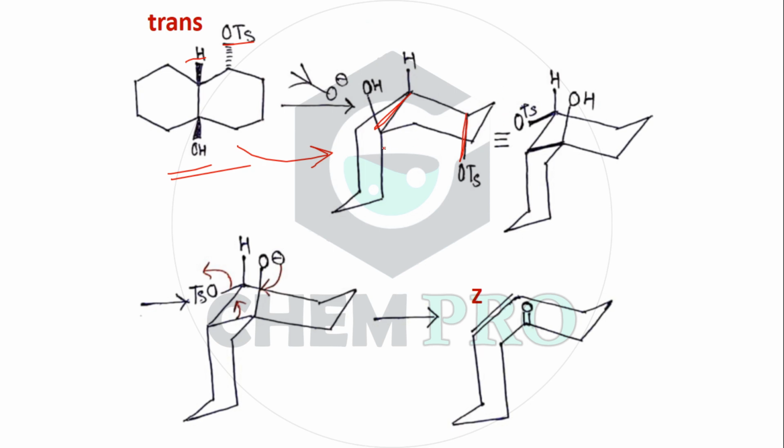So we write this conformation like this, and here we find the C-C bond and the C-X bond anti-periplanar to each other, and after the simultaneous mechanism we get this Z-alkene.